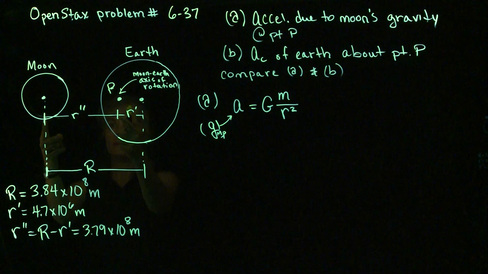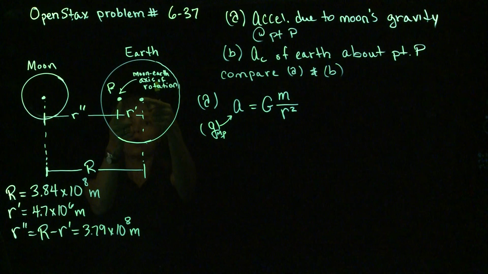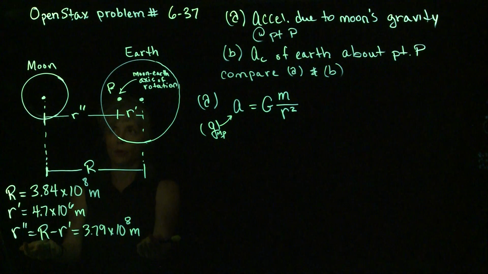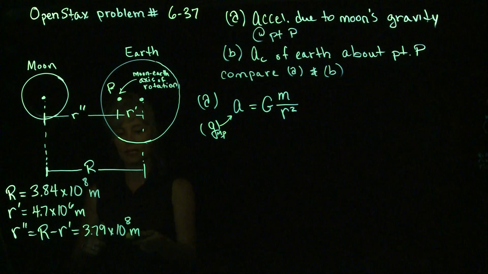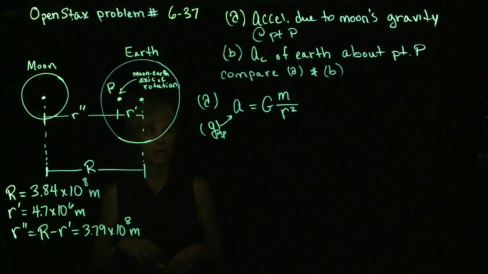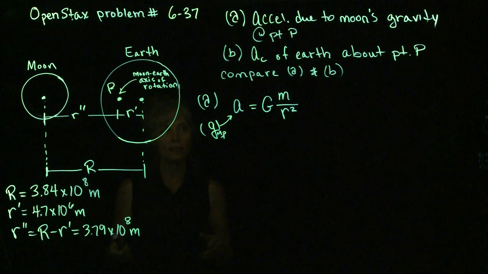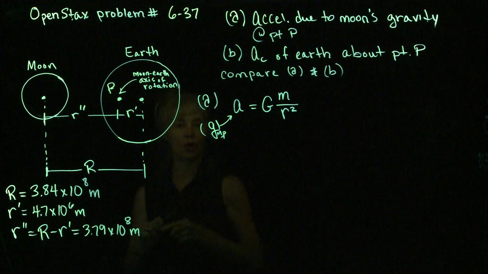R double prime, the distance from the moon to point P, is just going to be the difference between the distance from the center of the moon to the center of the earth and the distance r prime from the earth's center to point P. So here is r double prime from the moon center to point P, r minus r prime. So 3.79 times 10 to the 8th meters. So there are those distances. Notice they're off here to the side so I can come grab them when I want. Now let's go ahead and tailor this equation specifically to solve for point A.